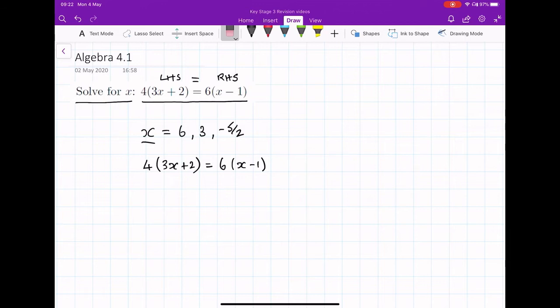And that is going to be the first of the algebraic skills that we're going to go through. So we're going to make a note of these on the right-hand side. And the first of them is remove the brackets.